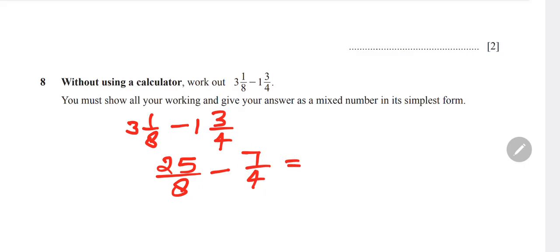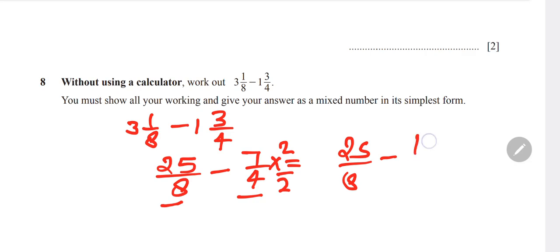Now if the denominators are different, our first step is to make the same denominator. Here is 8, here is 4. We need to multiply by 2 and divide by 2. So we get 7 times 2 is 14 and 4 times 2 is 8.